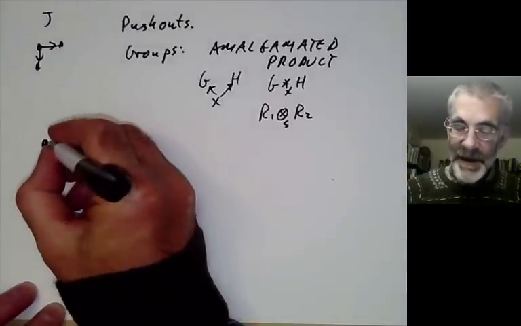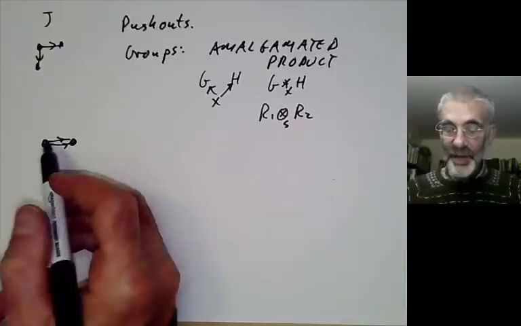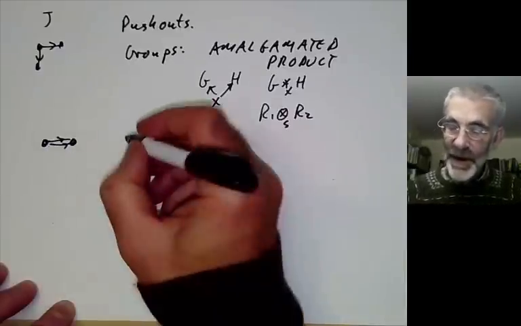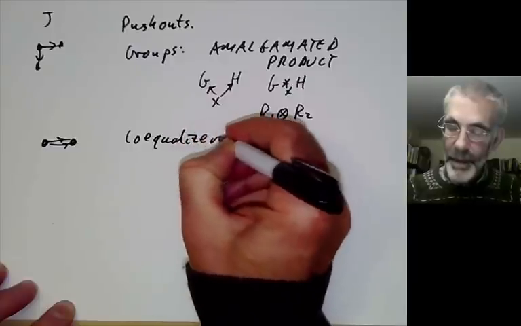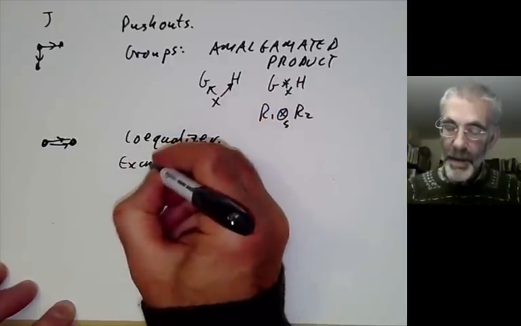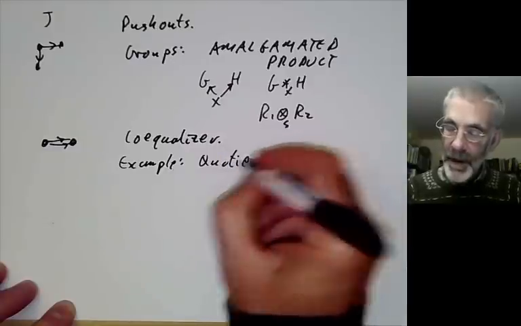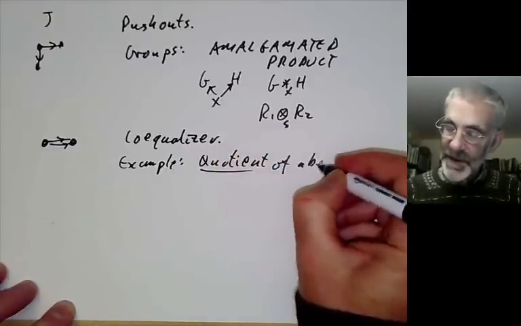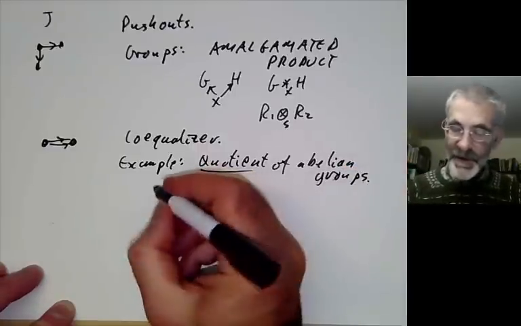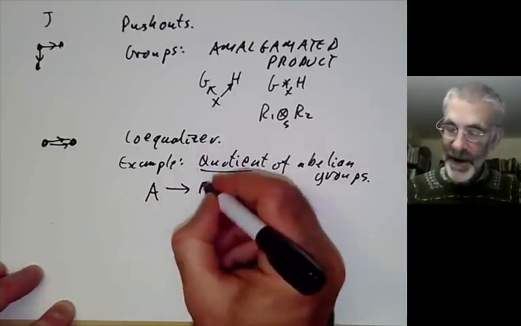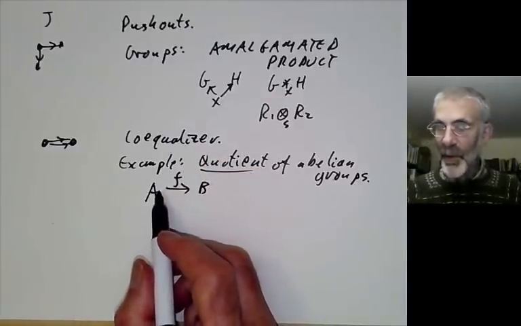Next, if J is this category here, so in the case of limits this was an equalizer, here this is called a coequalizer. And an example of this is a quotient of abelian groups. So here what you do is you take two abelian groups A and B, and you take a homomorphism between them.